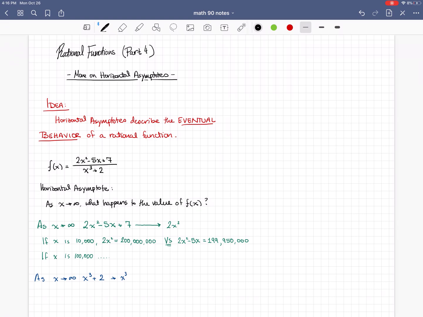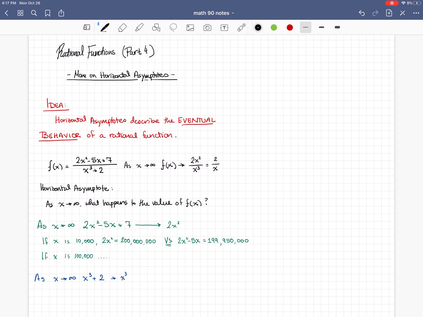As x goes to infinity, f of x goes to, well, we just talked about the denominator and the numerator. As x goes to infinity, 2x squared minus 5x plus 7 goes to 2x squared. And as x goes to infinity, x cubed plus 2 goes to x cubed. So the entire f of x tends to 2x squared over x cubed, which of course reduces, and you're left with 2 over x.